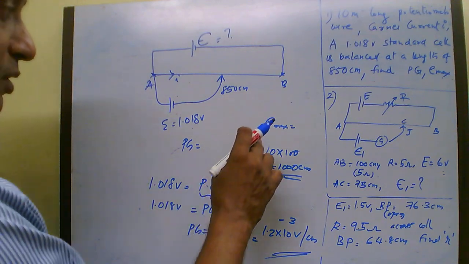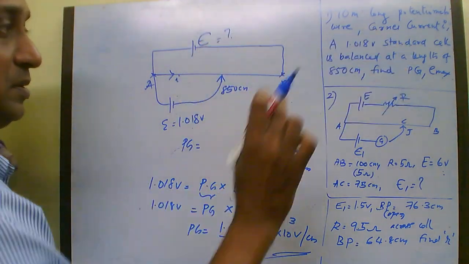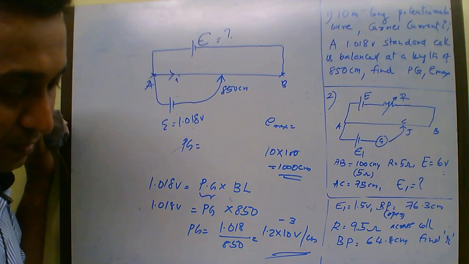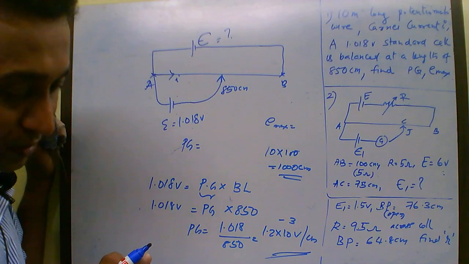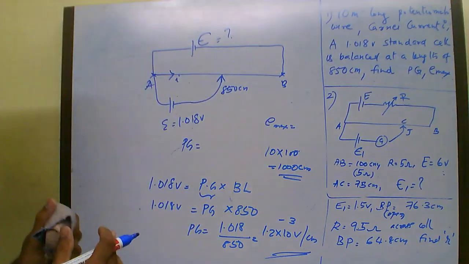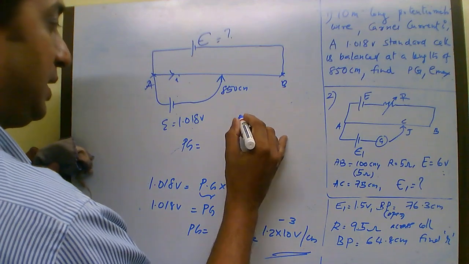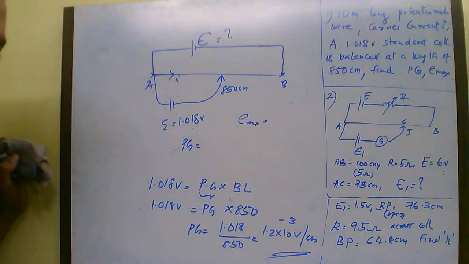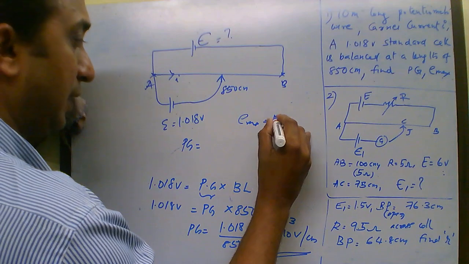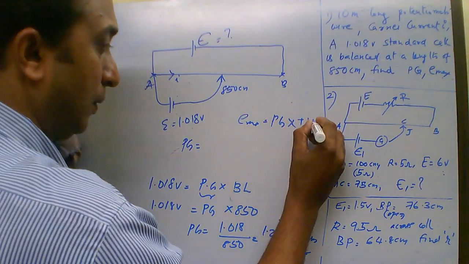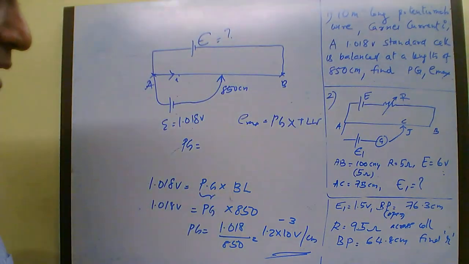Now the second part of the question is how much is the maximum EMF which can be measured by this cell. See, the maximum EMF that can be measured, Emax, is equal to potential gradient multiplied by the total length of the wire. How much is the total length? That is 1000 centimeters.